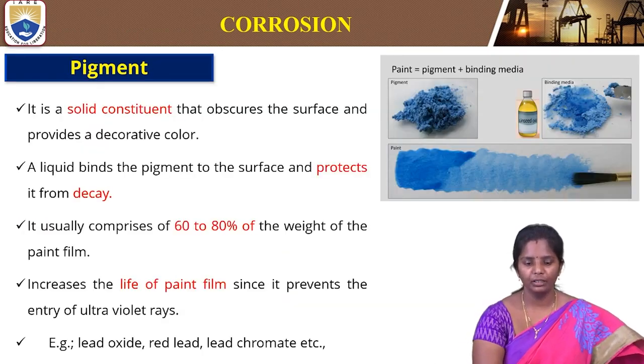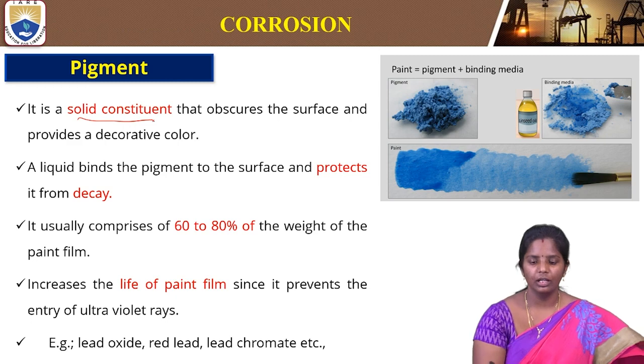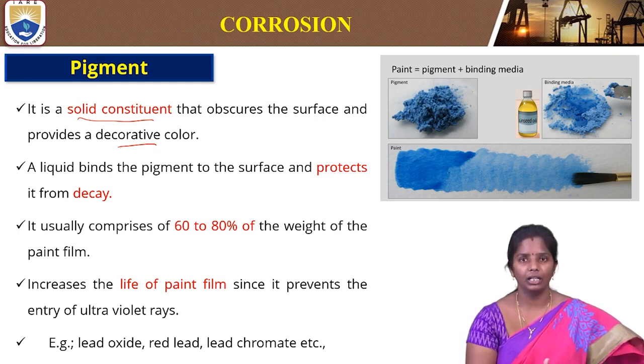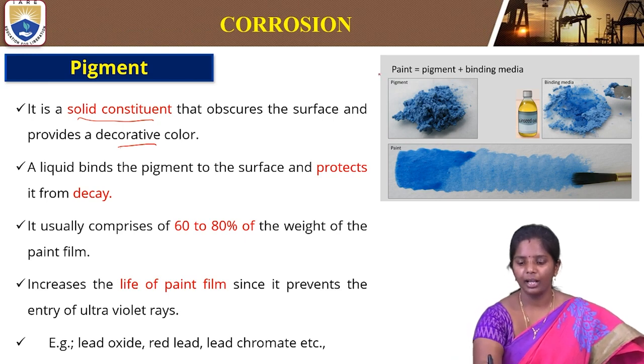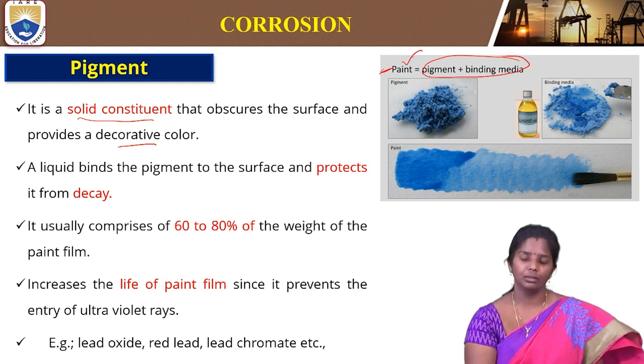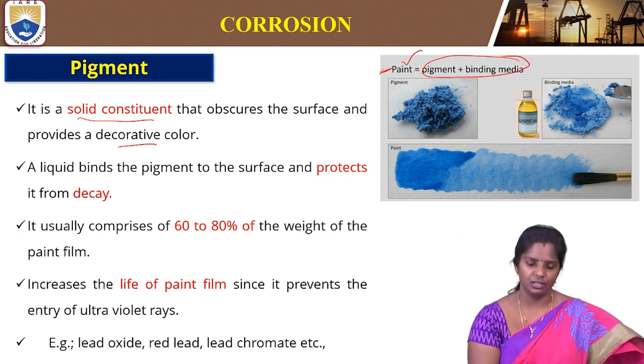Pigment is a solid constituent that obscures the surface and provides decorative color. For example, beetroot and carrot are colored because of pigment. Even paint has a pigment. Pigment plus binding media together form a paint. It is a color-giving substance.